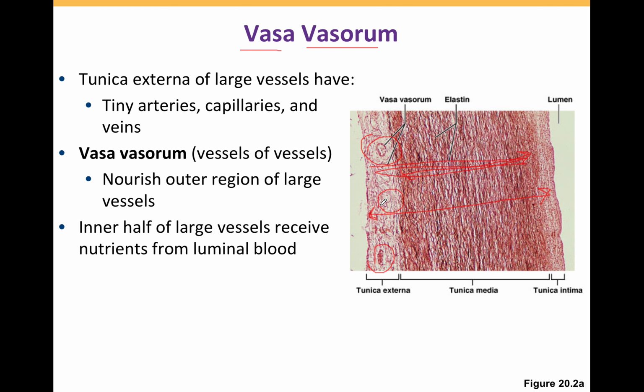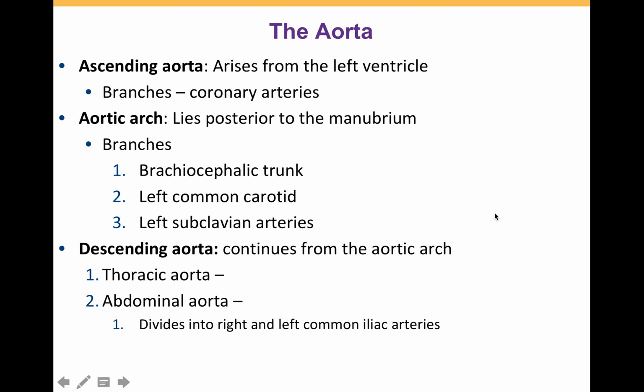So again, this is the wall of a blood vessel, and within that you embed blood vessels to make sure these cells are nurtured and receive enough oxygen. So that's what the word vasovasorum actually means.